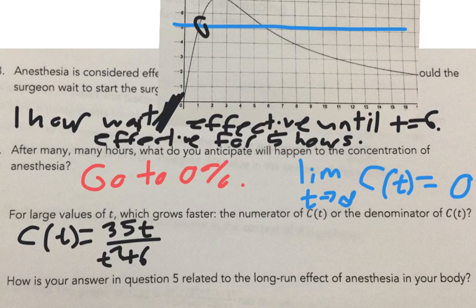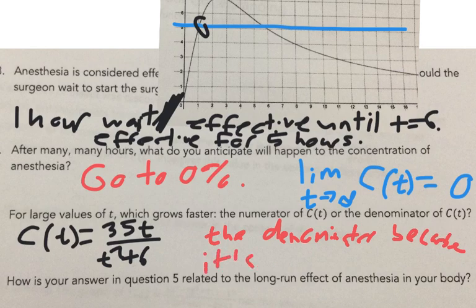So that's what you can kind of think about. Here's what they say. They say the denominator because it's getting squared. So I'm going to say the denominator because its degree is greater than degree of numerator.